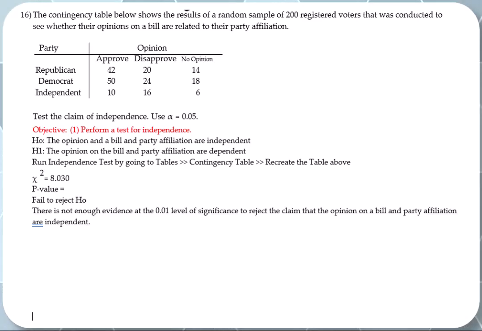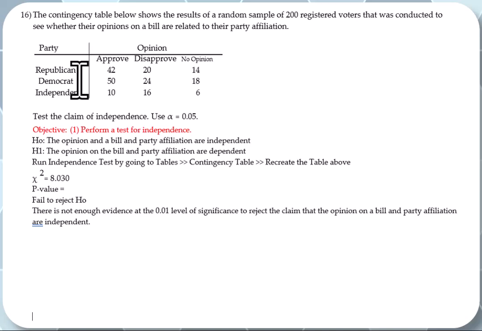The contingency table below shows the results of a random sample of 200 registered voters that was conducted to see whether their opinion on a bill is related to their party affiliation. So the first variable is the opinion on a bill, which is approve, disapprove, no opinion, and their party affiliation, whether they are Republican, Democrat, or Independent.